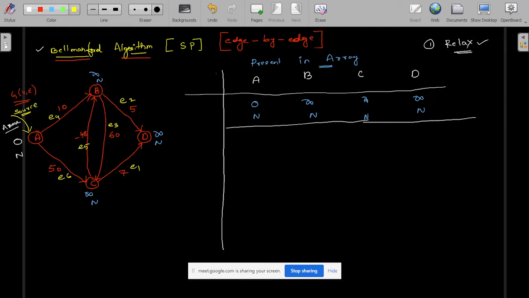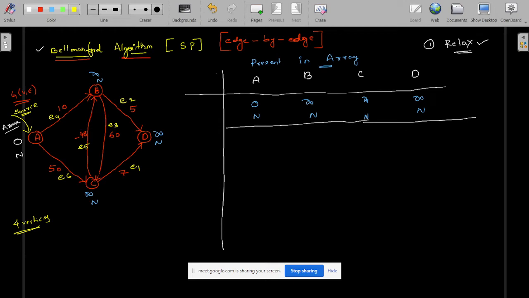Now see, there are 4 vertices here. These 4 vertices help us to identify the shortest path. How? Basically, to identify the shortest path in Bellman-Ford, we will do some rounds, nothing but iterations.